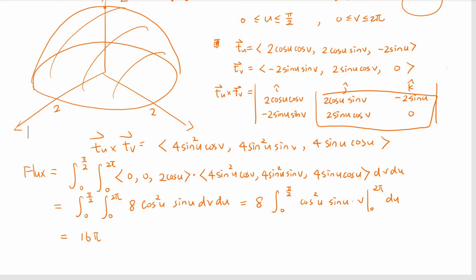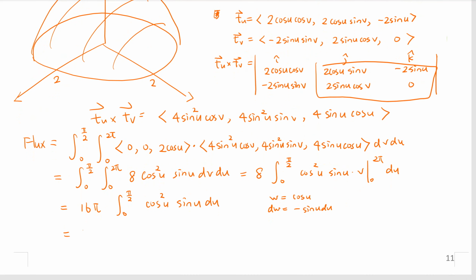We have 16 pi, and then the integral from 0 to pi over 2 of cosine squared u sine u du. So here is the place we can do u substitution. But let's call it w, because we already have the u. So w is cosine u, then dw is negative sine u du.